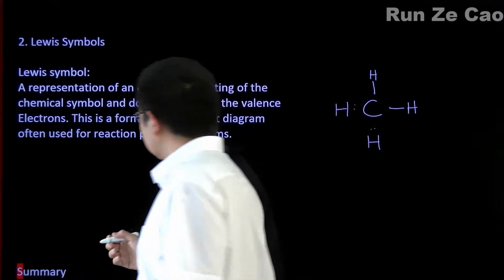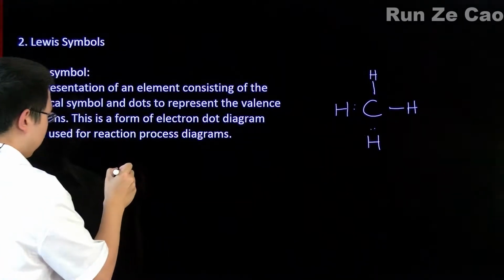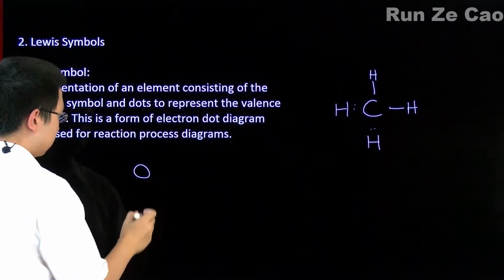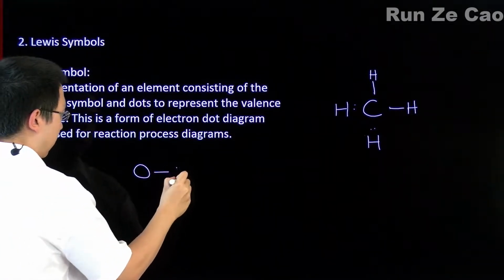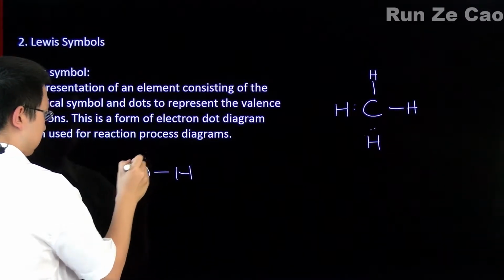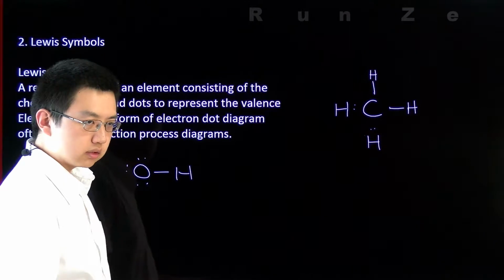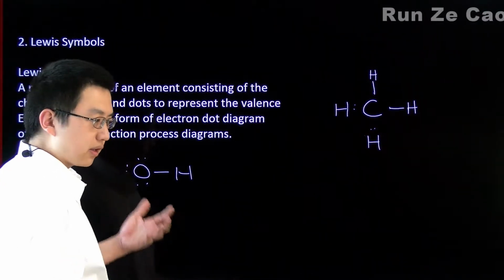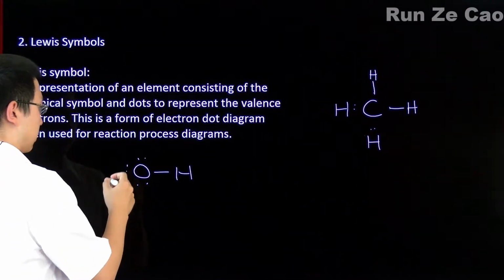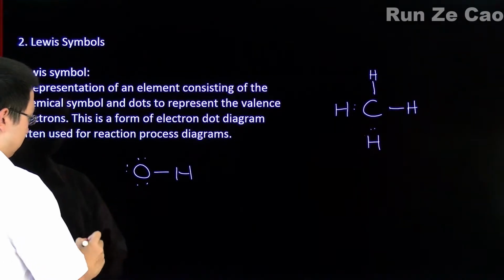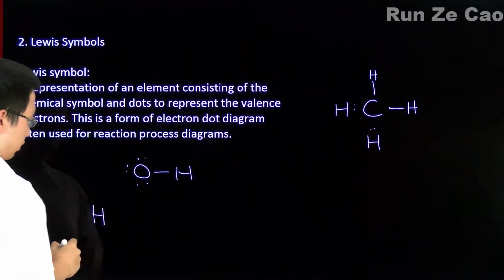Well, say we're forming a bond. So we have OH minus. This is a hydroxide, which basically means that this is a base in solution. And we have a proton.